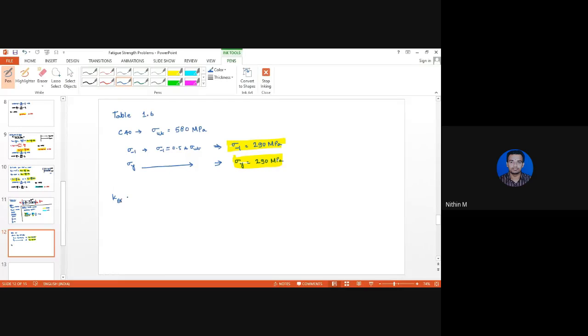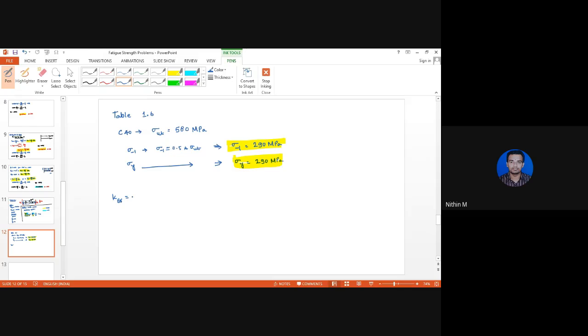For KSR, what is the equation that I have told you? How do you obtain KSR? What is the equation number? These things you should always remember. 5.19 G, good. So make use of equation 5.19 G. It suggests that the surface factor will vary from 0.79 to 1.